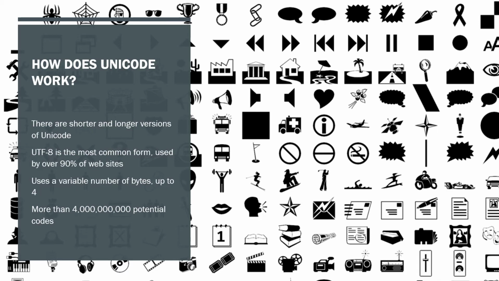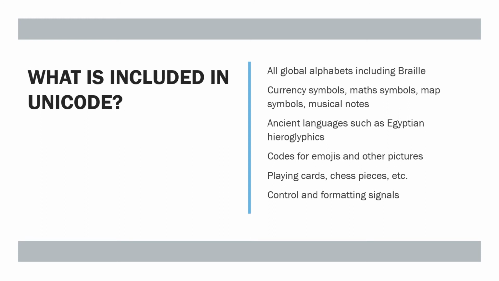And by no means are all these in use at the moment. But all the different things that we can represent are included in Unicode. For example, all global alphabets, including Braille, lots of different symbols, and all the emojis that we're familiar with.